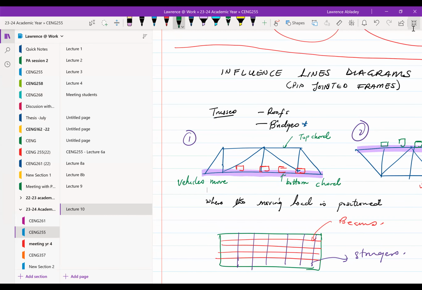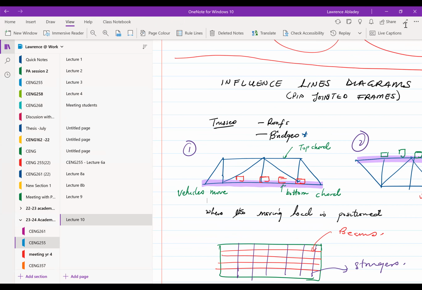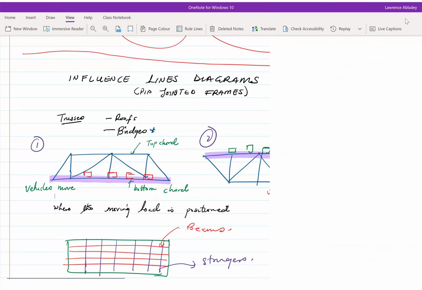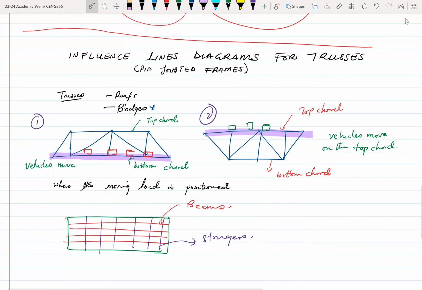I think I need a new one. Sorry, my PC is just acting up crazy on me right now. I can't get my pen to work. This is not good.